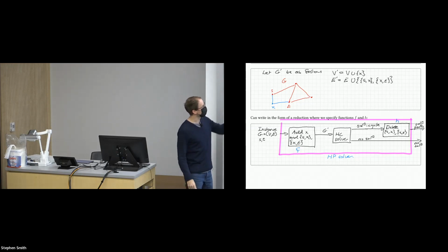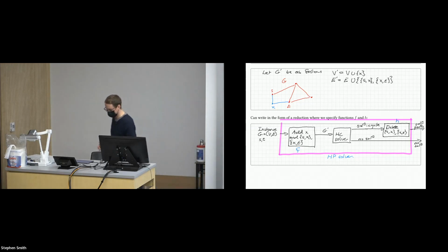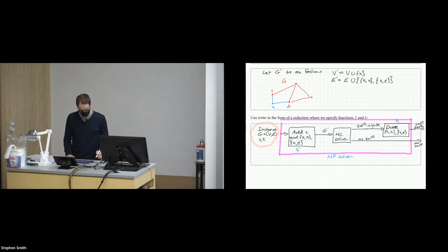That's exactly what you can see happening here, where we start with an instance of Hamiltonian ST path. We convert it into an instance G prime of Hamiltonian cycle. We call our Hamiltonian cycle solver. If it finds a solution, we then use that solution to create a solution for our input instance.